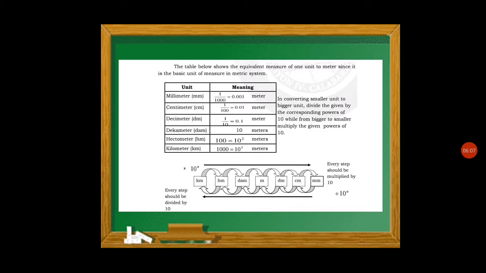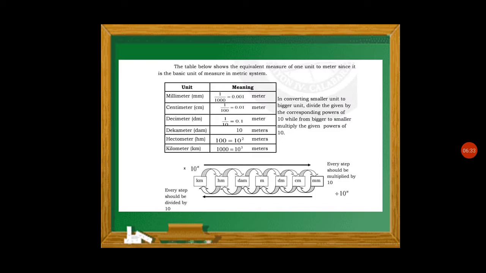So if you are going to convert smaller to bigger, you have to divide. So for example, we have decimeter. So decimeter is the dm, and you are going to convert to hm, or the hectometer. You have to count the steps. So starting from dm, that is 1, 2, 3, 4 steps.